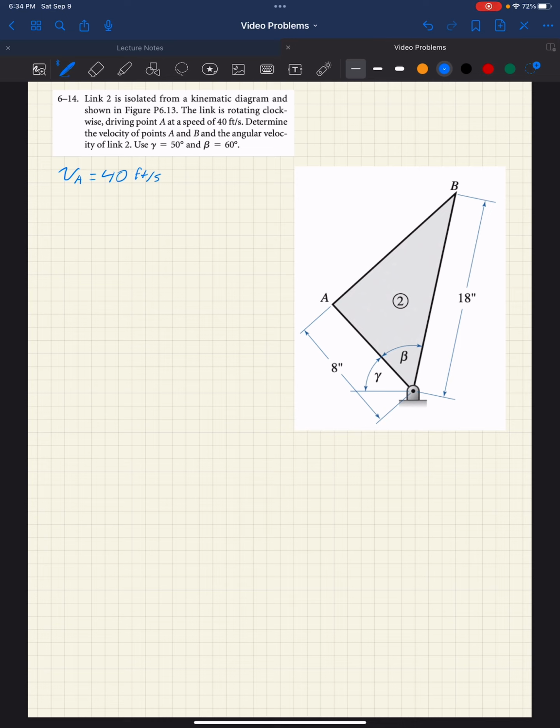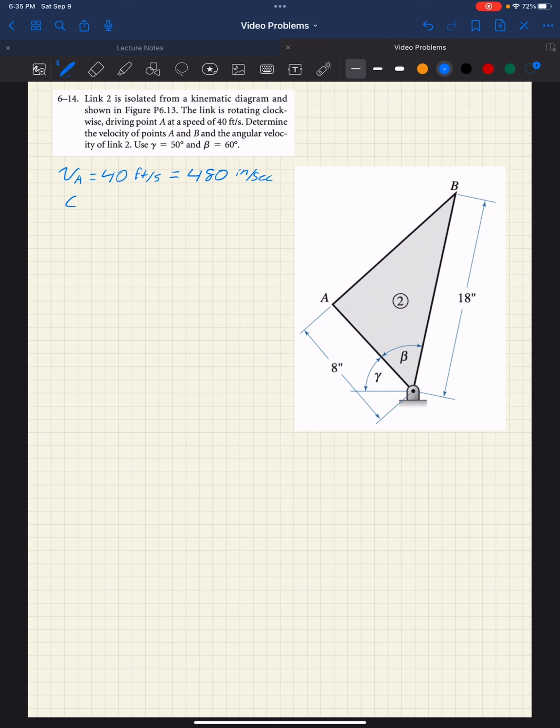This is just a magnitude, hence we have specified it with a lowercase v, because we weren't given a direction, just a speed. Let's convert this to inches per second, just in case we're going to need it. And this is 480 inches per second.